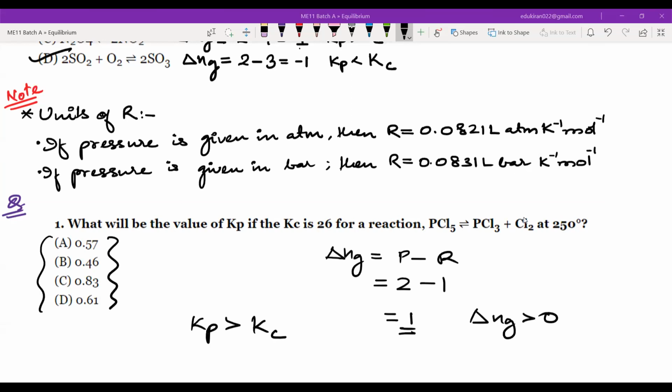I'm just giving you an option for what you will take R as. You take R as 0.0821, because it is in atm. Generally, we do calculations in terms of atm.